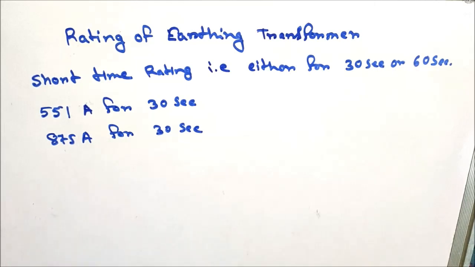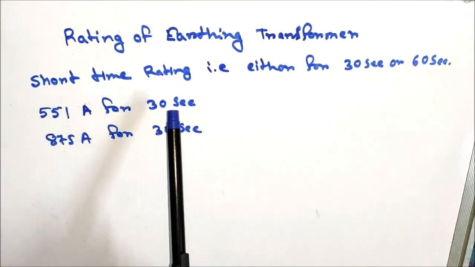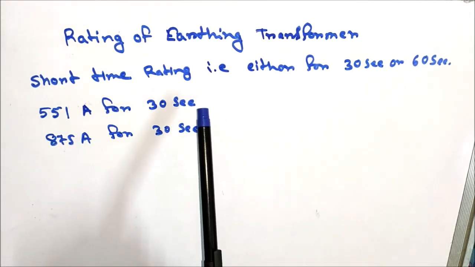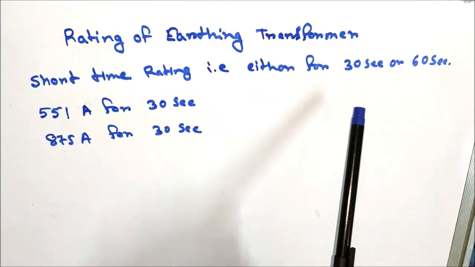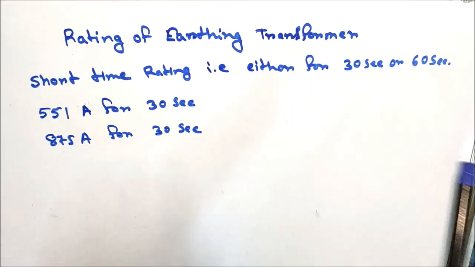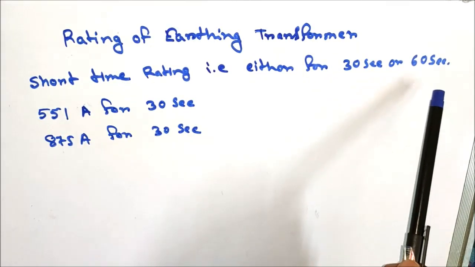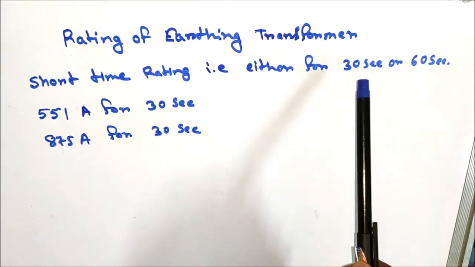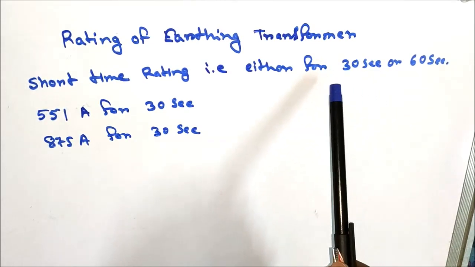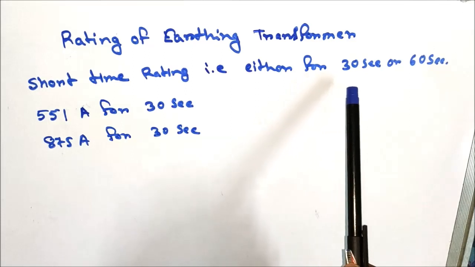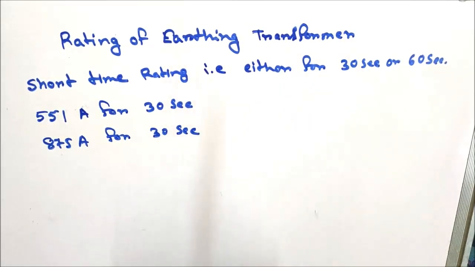Therefore it is designed for short time rating to allow the fault current for a certain duration of time, that is either 30 seconds or 60 seconds. If it is 60 seconds, then the design is such that it will be costly compared to the design of 30-second fault current carrying capacity.